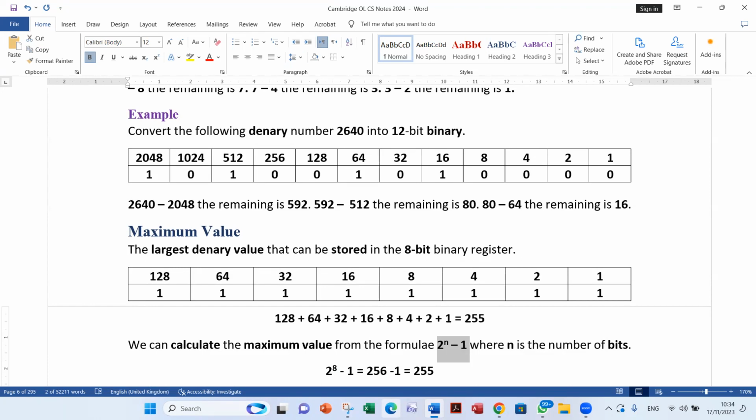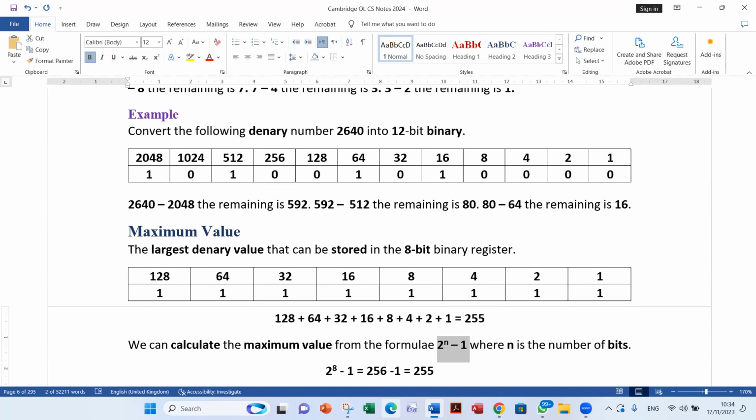So 2 to the power of 8 is 256 minus 1. This is the rule. I can tell you why you need to subtract 1: because you're starting from 0. So it is 2 to the power of n minus 1. 2 to the power of 8 is 256, minus 1, it is 255.